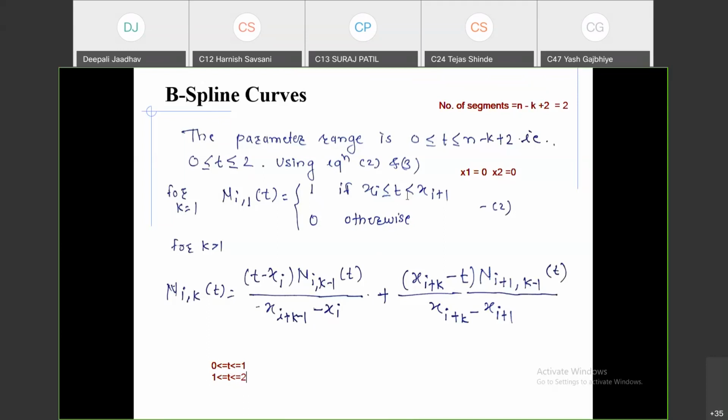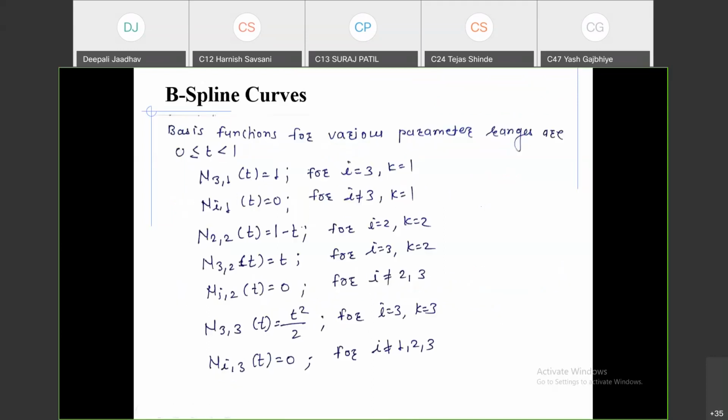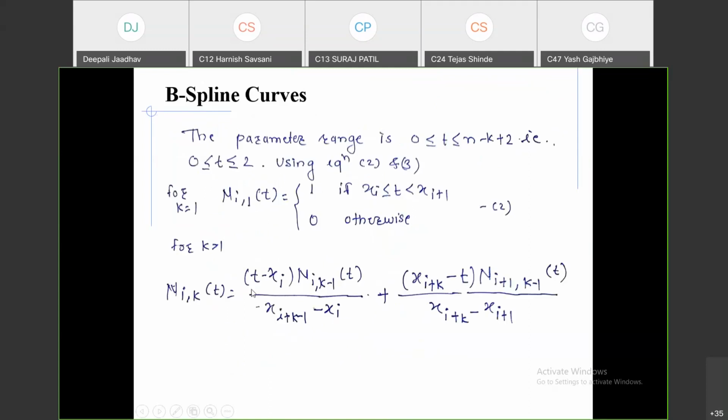And those values we are going to put in this equation, and accordingly we will get the baseline curve position vectors on the baseline curve. These are shown here with the various parameter ranges. So N i,1(t) is equal to 1, for i equal to 3, k, and all these values we need to put in these two equations.